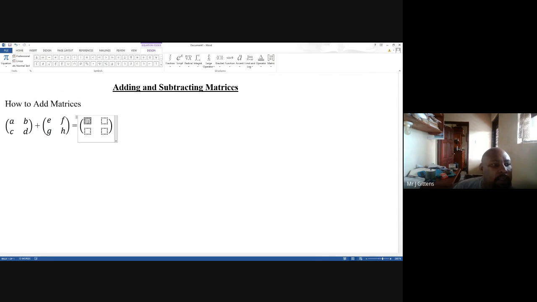So you add the two variables which are in the same position. So A will be added to E, because A is on the top left hand side, and E in the next matrix is on the top left hand side.